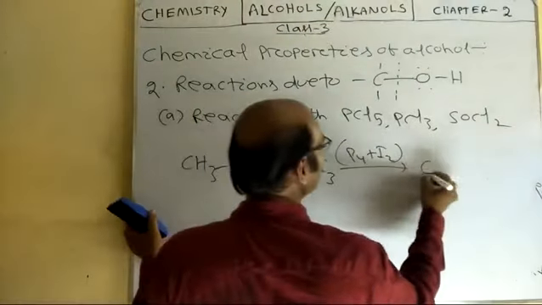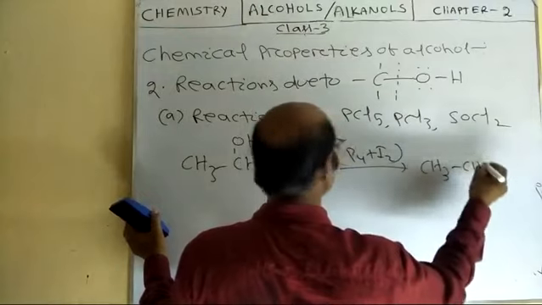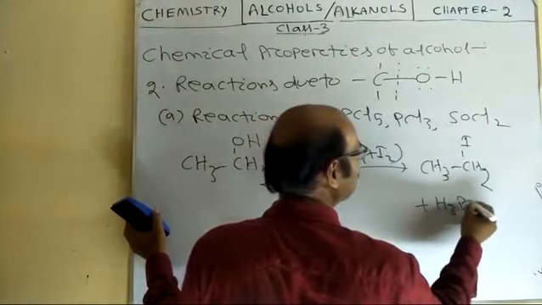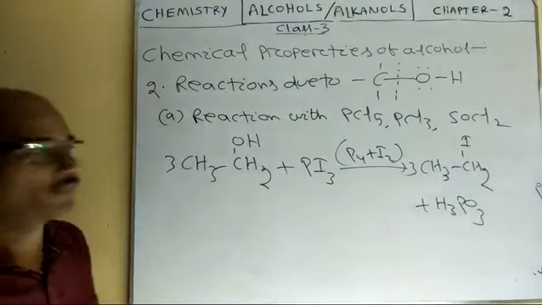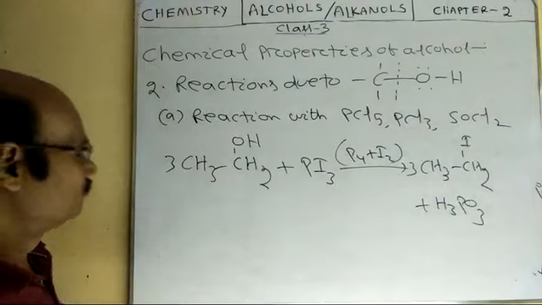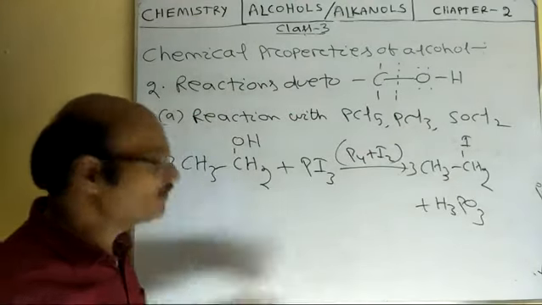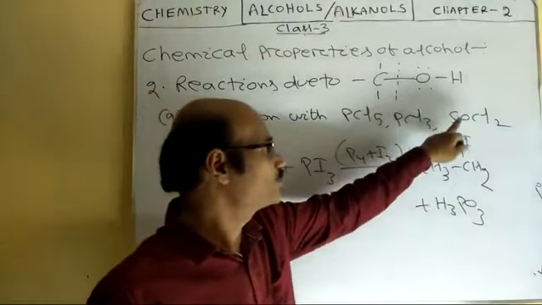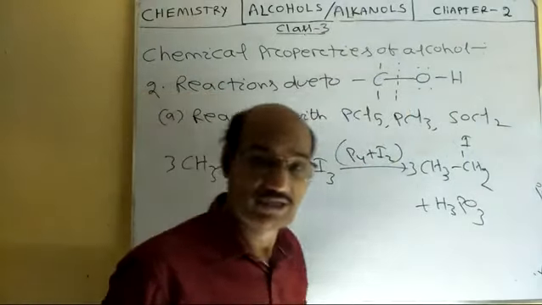You get CH3CH2I plus H3PO3. Okay. So in this way, the alcohols are giving the haloalkanes with PCl5, PCl3, SOCl2, which involves the C-O bond breaking.